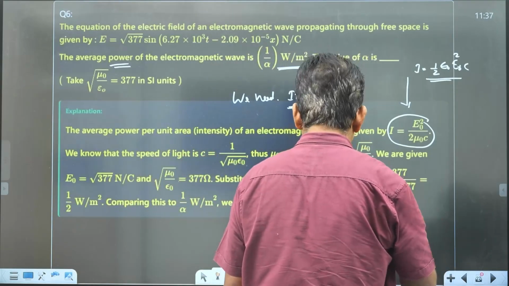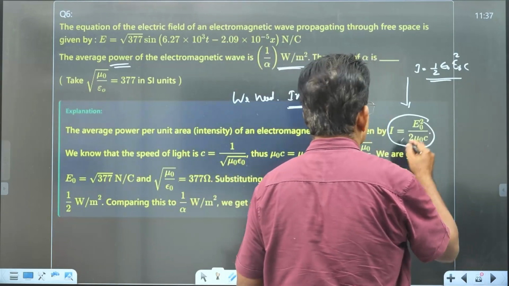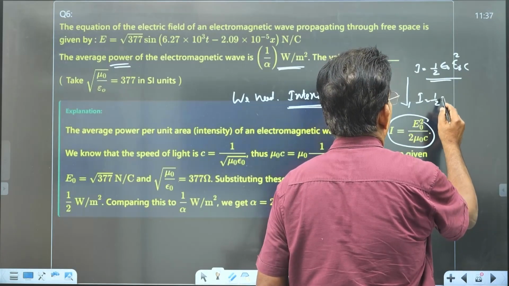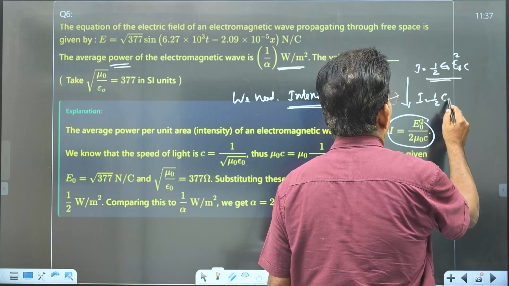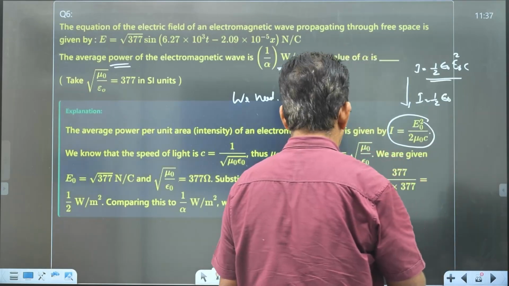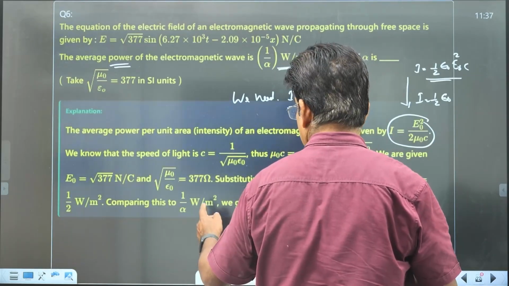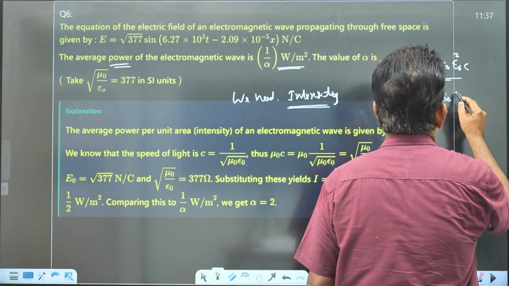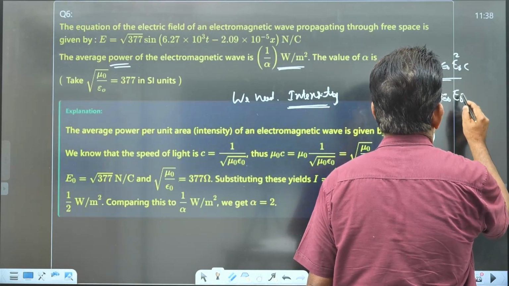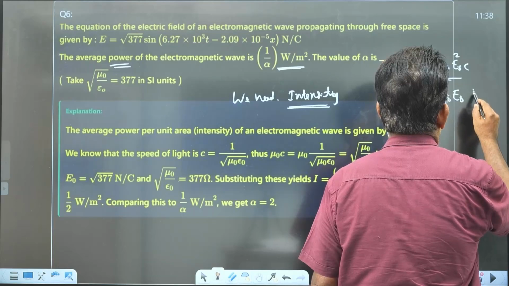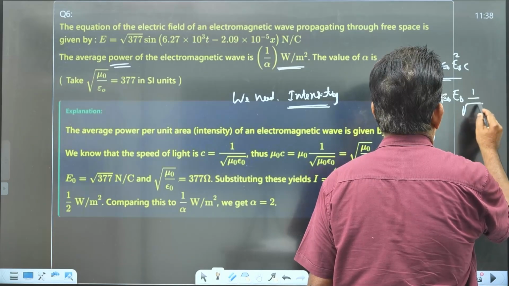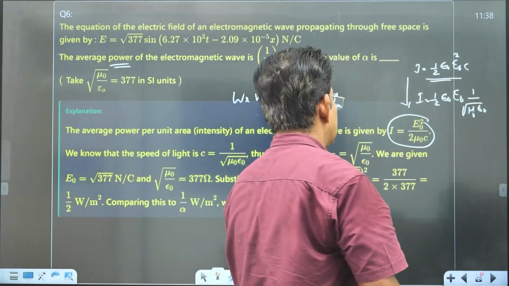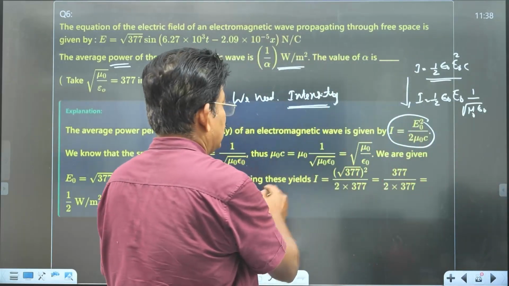So better I will do the calculation in an easy manner. I is equal to half epsilon 0 into, instead of C, we can write 1 by root of mu 0 epsilon 0. Instead of going by the other method, this will be easier.